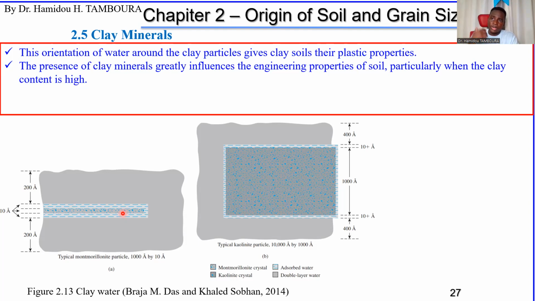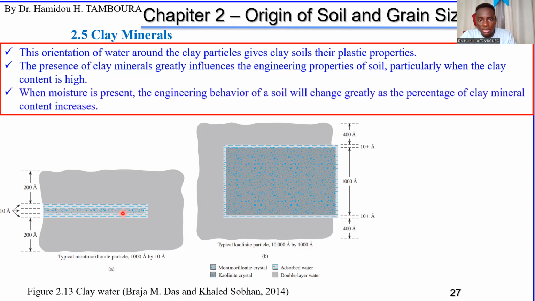In particular, when the content of clay is high and moisture is present, the engineering behavior of soil will change greatly as the percentage of clay mineral increases. So if there is clay, even a small amount of water, like rain, will give a big influence on the geotechnical property of the soil.